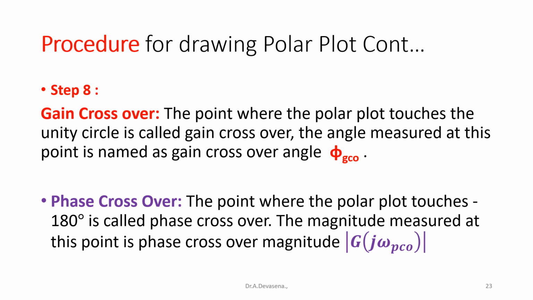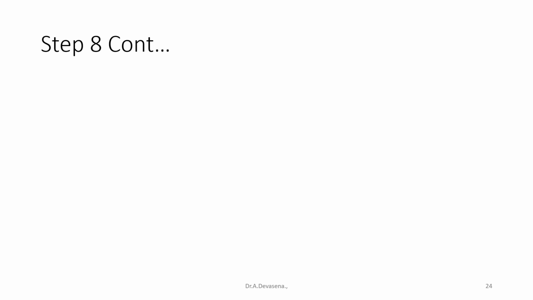Phase crossover is the point where the polar plot touches the minus 180 degree line. The magnitude measured at this point is the phase crossover magnitude, which is represented as magnitude of G of j omega suffix PCO.